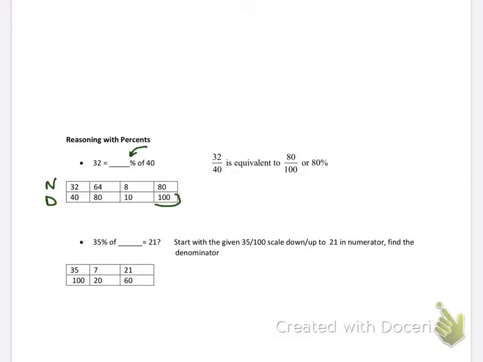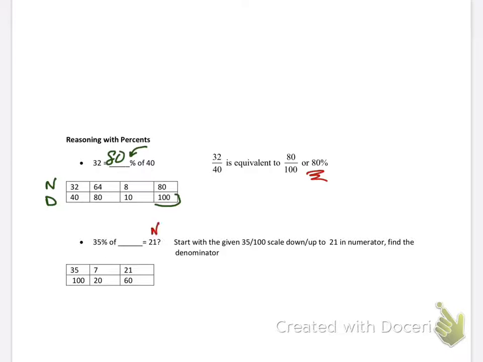Dividing by 10 gives you 8 over 10, and then multiplying by 10 gives you 80 over 100, which solves your problem. So now what I know is that 32 over 40 is equivalent to 80 over 100, which is also equivalent to 80%.